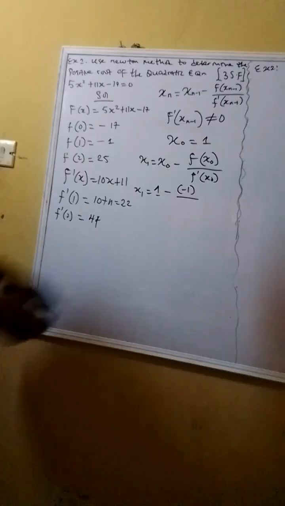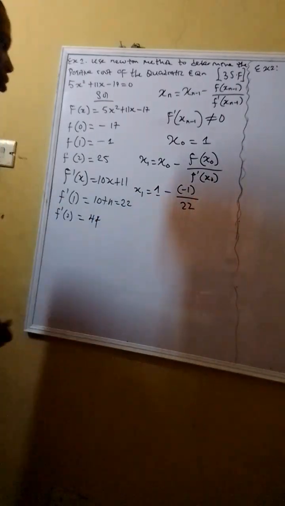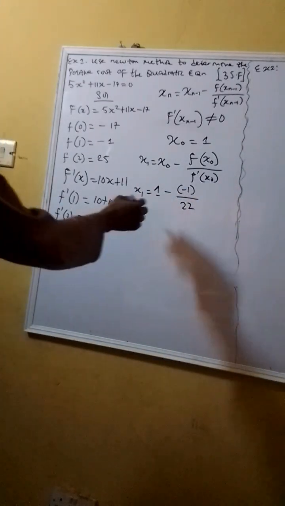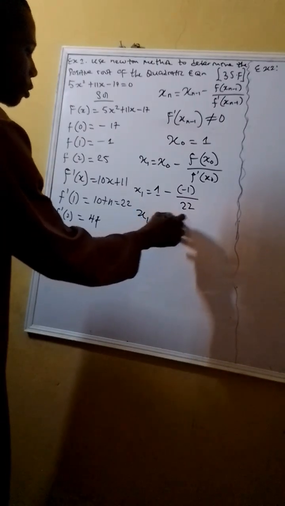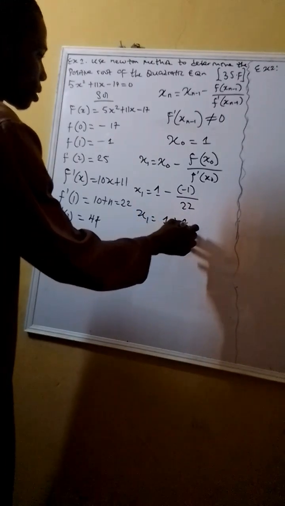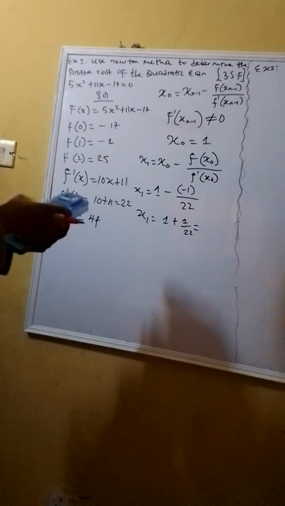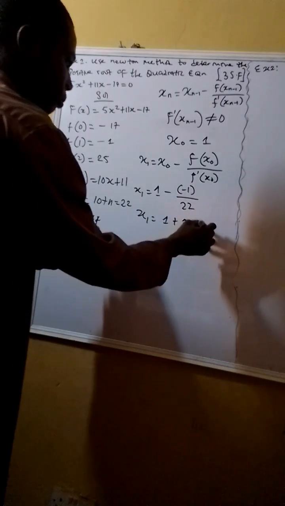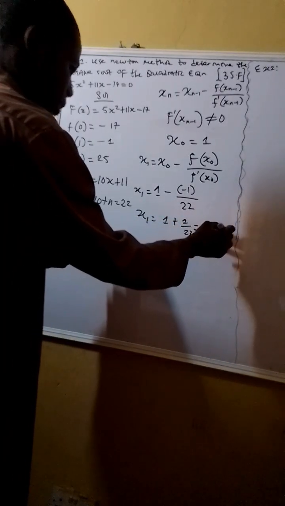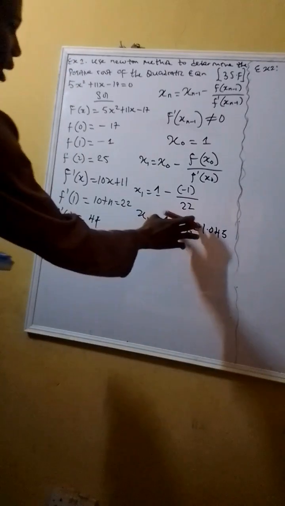By inserting 1, we have 22. So x1 equals 1 plus 1 over 22. When we calculate this, that gives us 1.045, approximately.